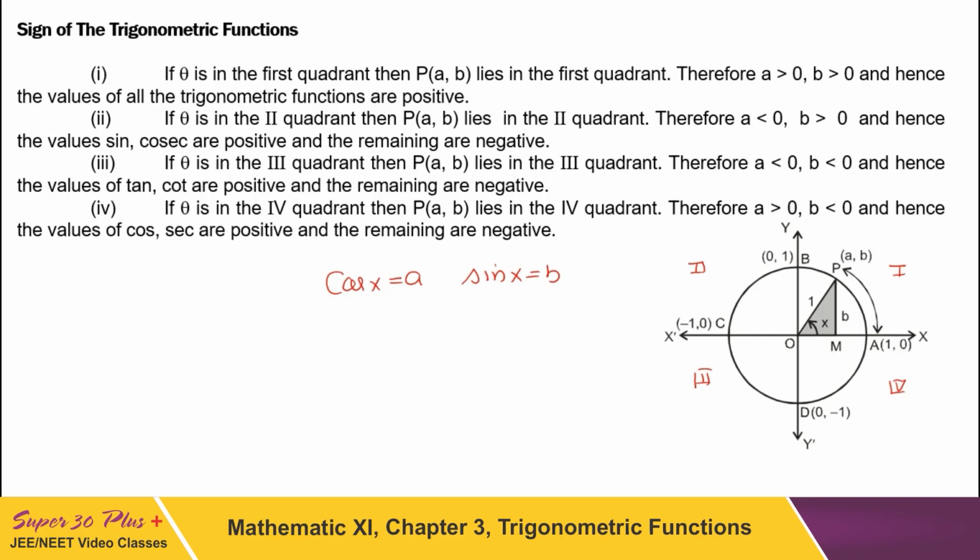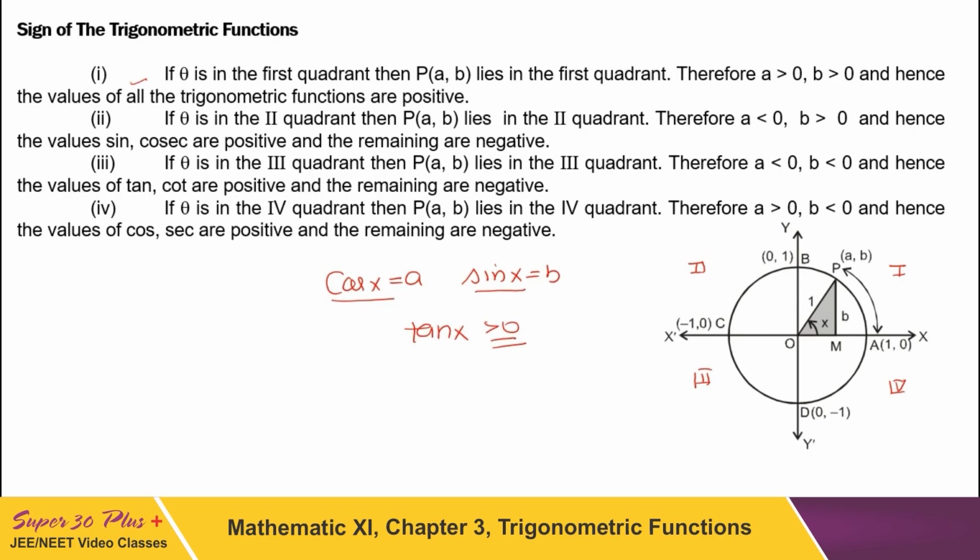Then you can say in the first quadrant all trigonometric ratios are positive, because if sin is positive and cos is positive, then tan is also positive. That's why all trigonometric ratios are positive in the first quadrant.